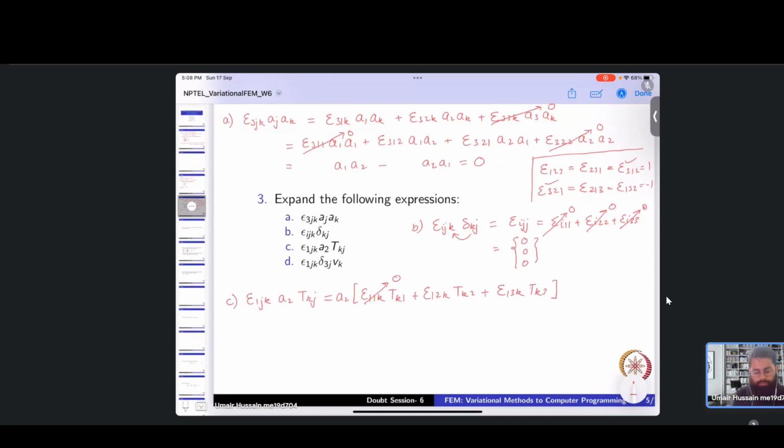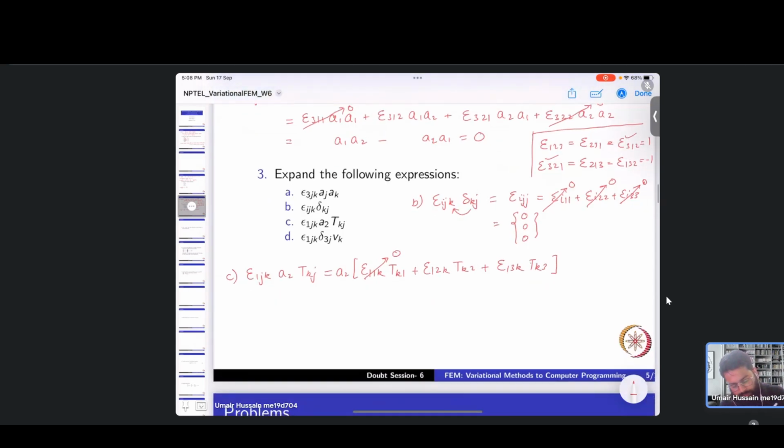We still have other two terms, so we expand the other two terms with k. We get a2 again common. Whatever expansion is here, if k equals 1, we have a repetition of 1, so that term goes to 0.